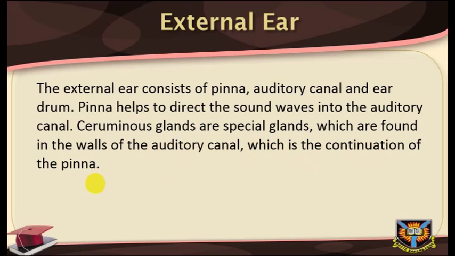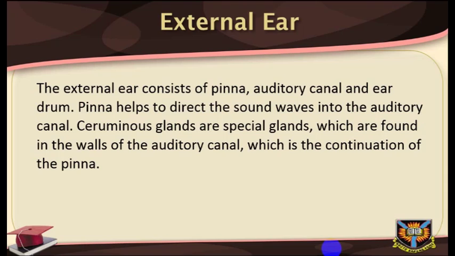The wax produced by these glands and the hairs in the auditory canal protect the ear from small insects, germs, and dust. In addition to this, they help to maintain the temperature and dampness of the auditory canal.